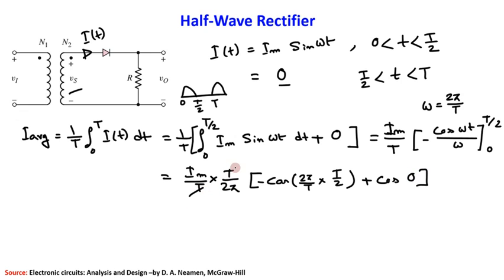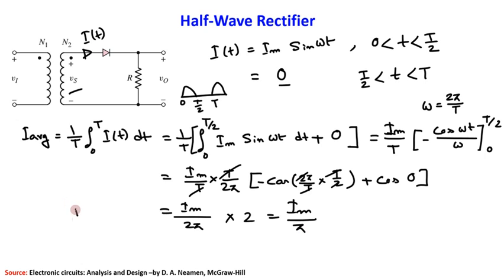So this T cancels out, and this becomes cos of pi. So cos of pi is minus 1, and before that we have minus, so it is 1, 1 plus 1 is 2, so basically it is Im by 2 pi into 2, so it is Im by pi, right?